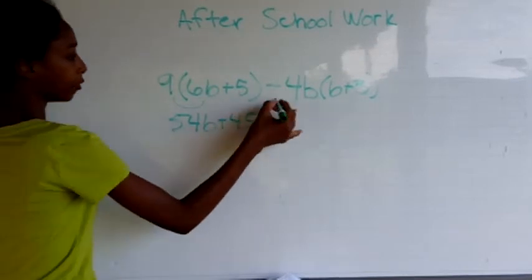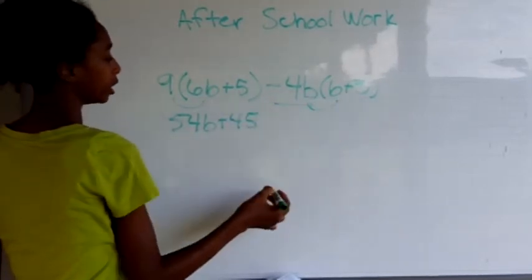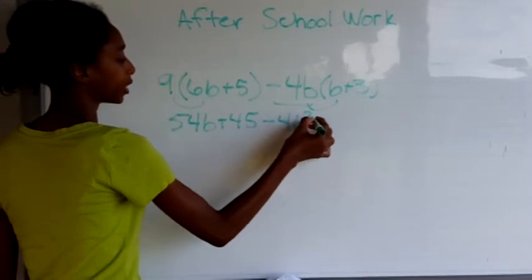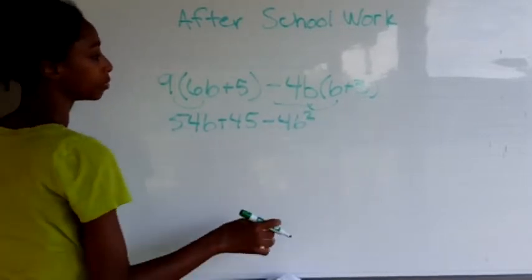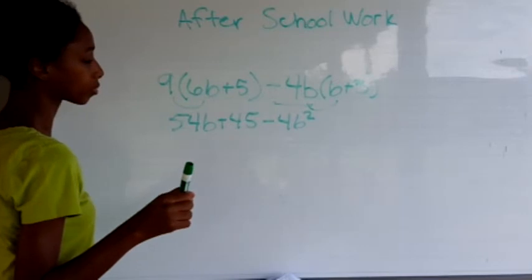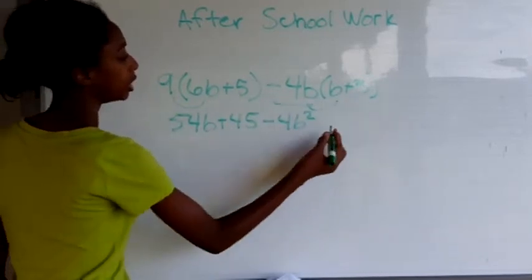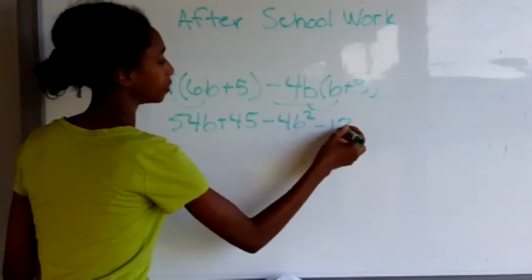And then our negative 4b times positive b is going to be negative 4b squared. And negative 4b times 3 is going to be negative 12b.